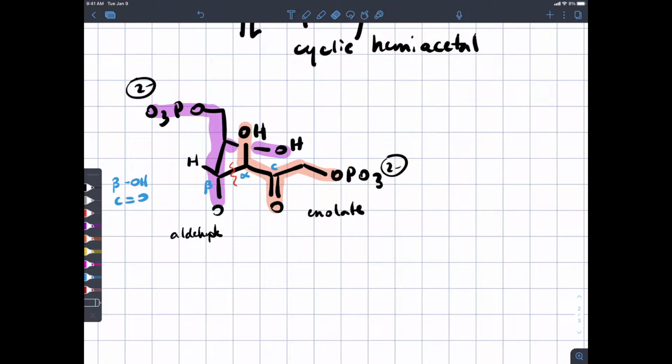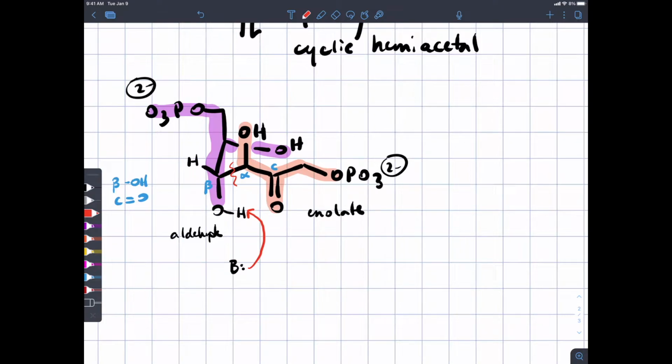So the way the retroaldol reaction works is you will have some base, perhaps some group in the enzyme active site, remove the proton from the beta hydroxy group. As to whether we get the negatively charged oxygen as an intermediate at that stage, or whether proton transfer occurs at the same time as the next step, I don't know and isn't really important.